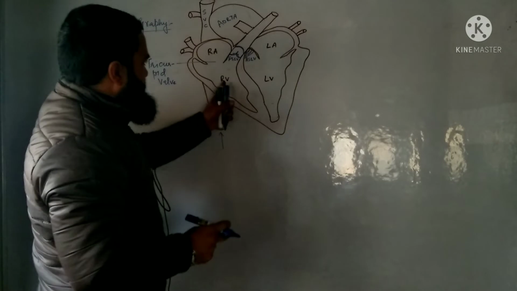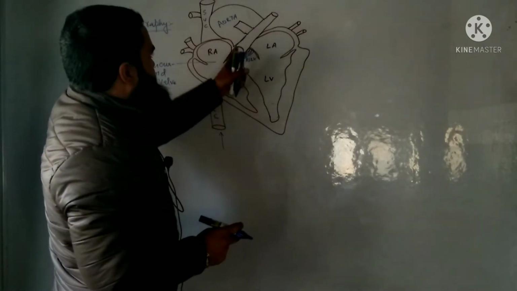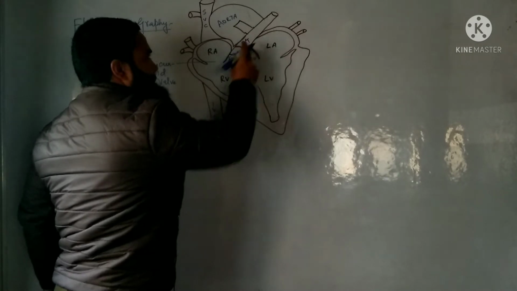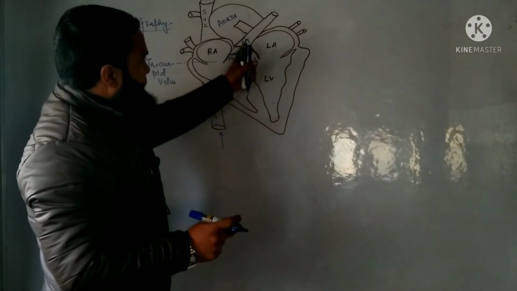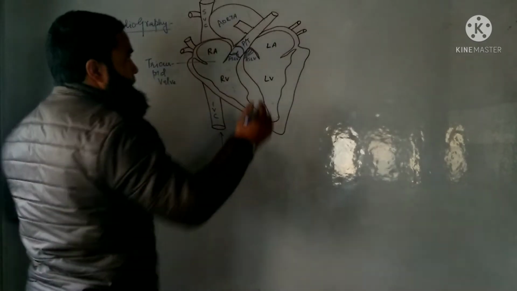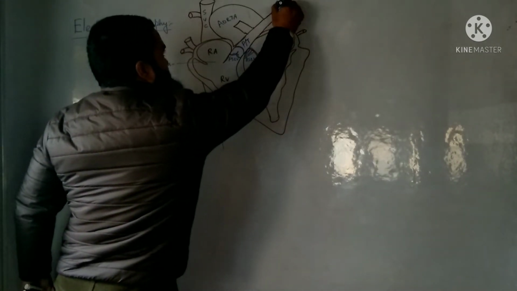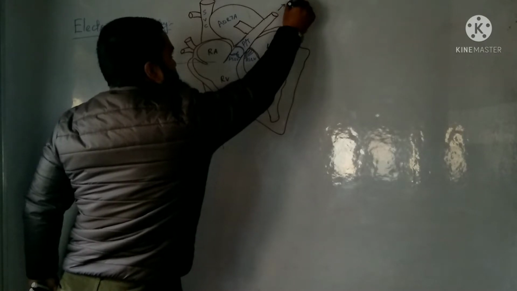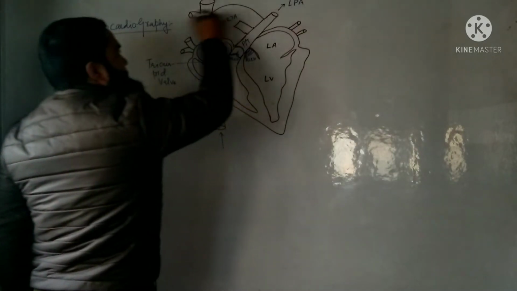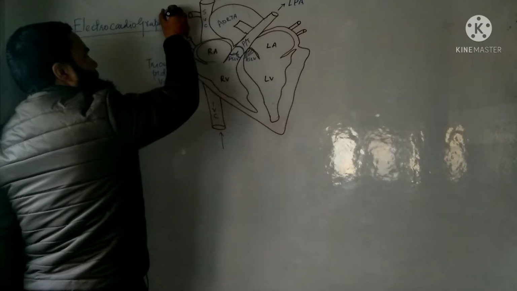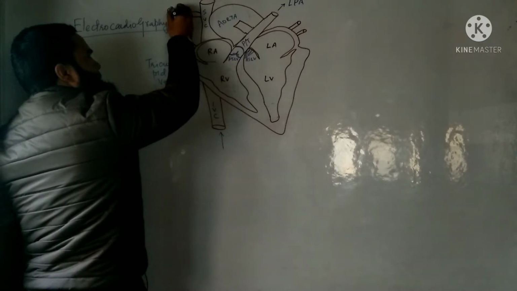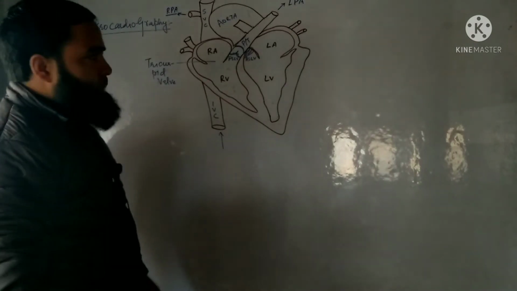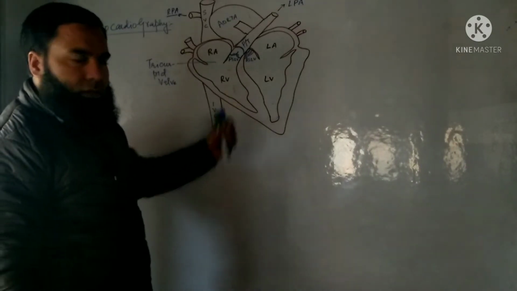And from the right ventricle, it goes into the pulmonary trunk, PT. Then the pulmonary trunk gets bifurcated into the left pulmonary artery and the right pulmonary artery, and goes towards the lungs for purification. This is a brief description so far as the heart is concerned.